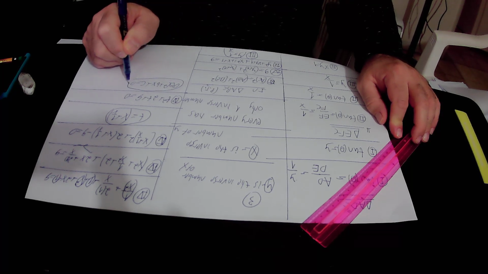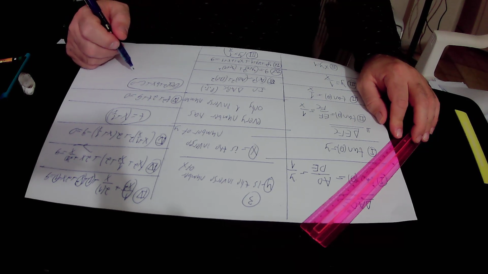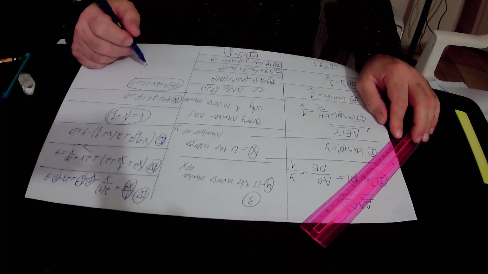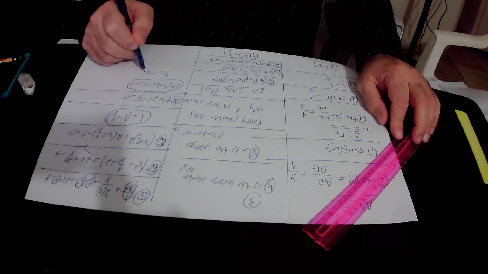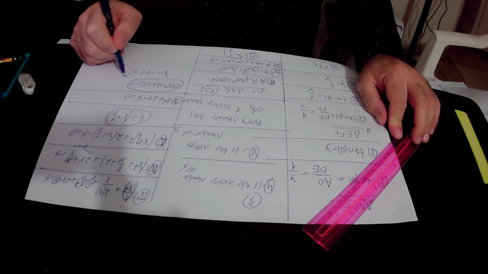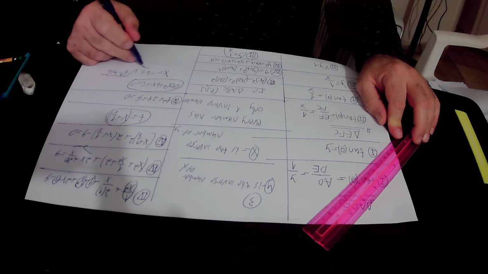Here a, b, and c are the coefficients of this quadratic equation, and x is the variable that we are looking for, and we will find out the value of x according to a special formula for x. x equals minus b plus or minus the square root of b squared minus 4 times a times c, over 2 times a.